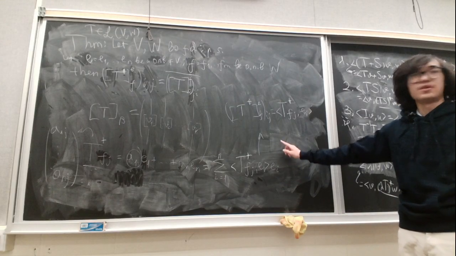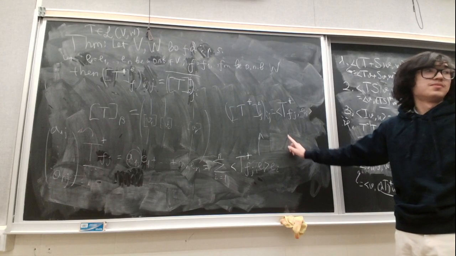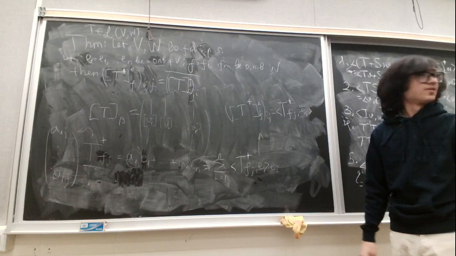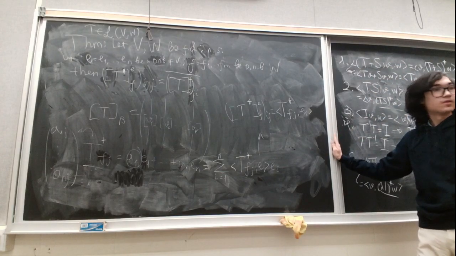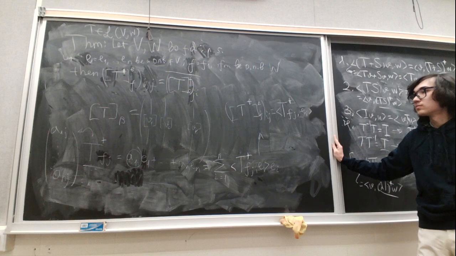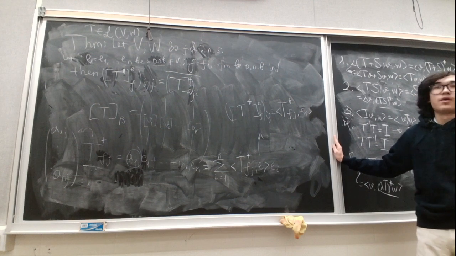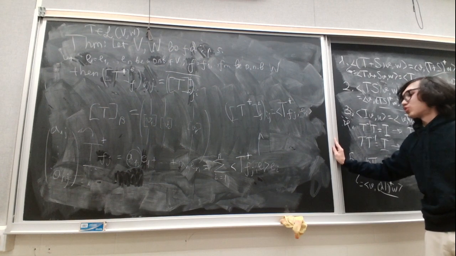Now we have it in the form of an inner product. But what did we want? We wanted to figure out what that matrix element is in terms of matrix elements of T. So we want to rewrite this, instead of an expression in T dagger, as an expression in terms of T. We use what? I forgot an important property.